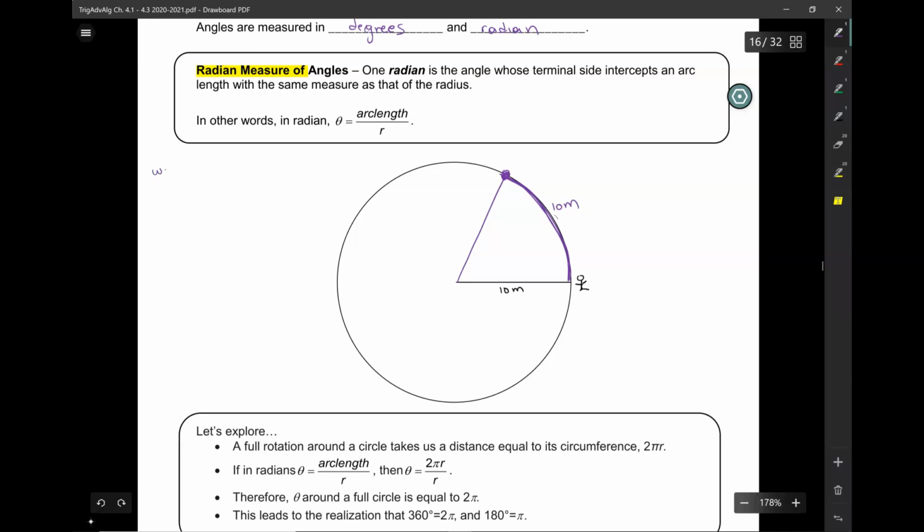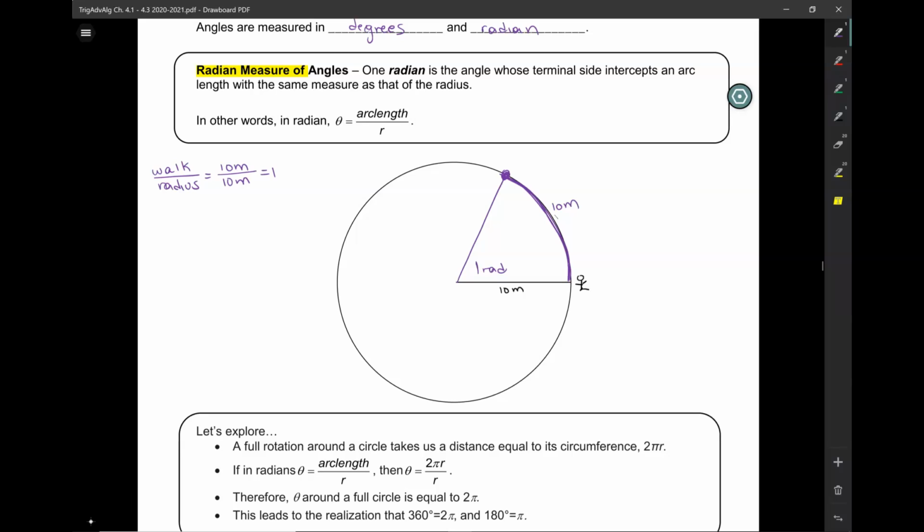So if we take a ratio of how much you walked over what the radius of the circle is, well, you walked 10 meters and the radius is 10 meters. That's a ratio of 1. That means the angle you created is 1 radian. So you see how different that looks from a degree. Whereas a degree was a tiny sliver, a radian is much bigger. We cannot fit 360 radians around a circle.